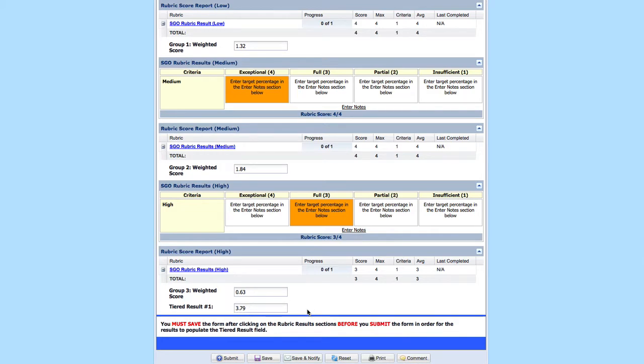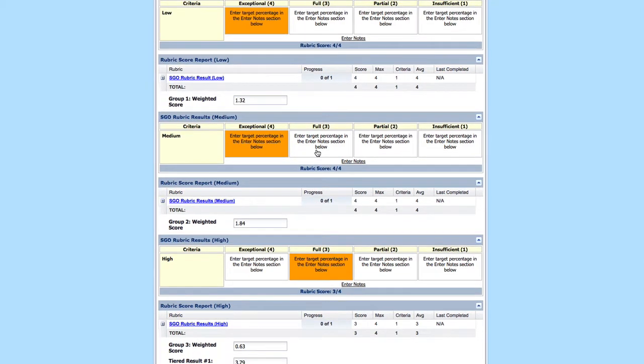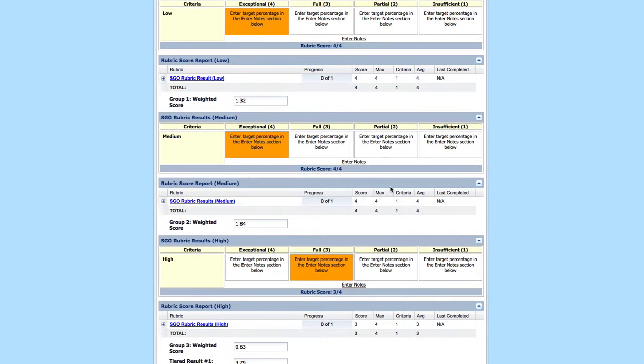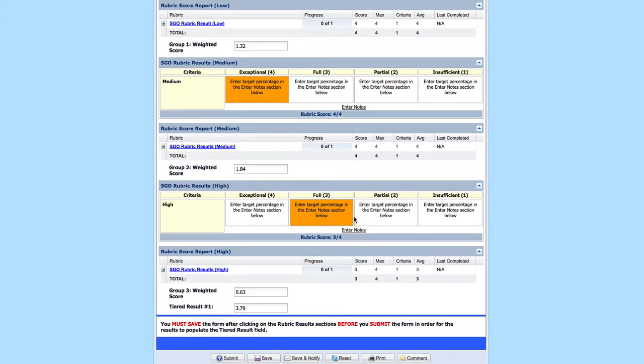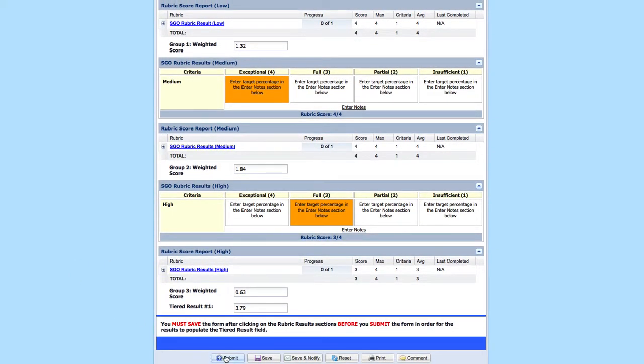So this number does change based on what you input in these SGO preparedness groups. So when the administrator gets this information and inputs it here, they will submit the form, and that will go to the summative performance report just like it did in the single model, and that will determine your final rating or help determine your final rating at 15%.